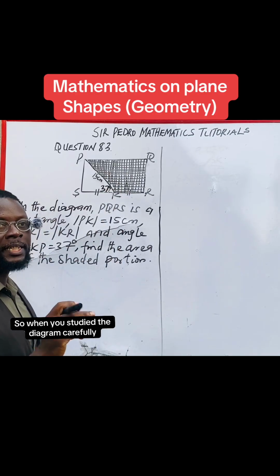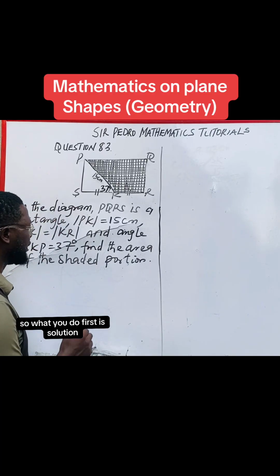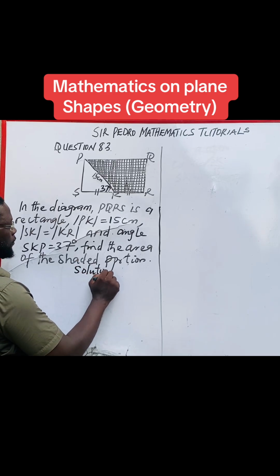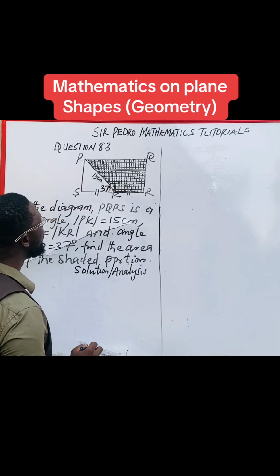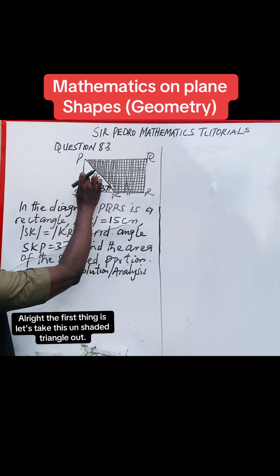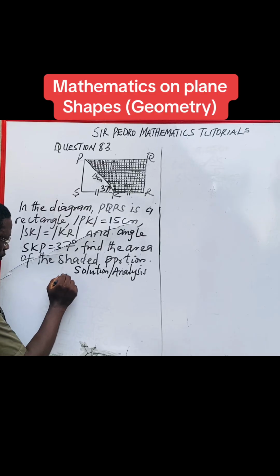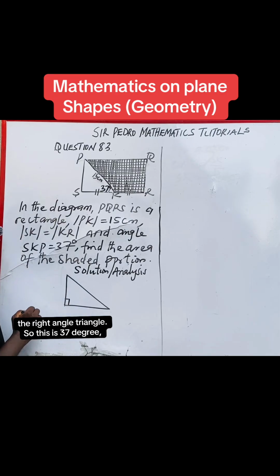When you study the diagram carefully, what you do first is solution and analysis. The first thing is let's take this unshaded triangle out. Let's assume this is the right angle triangle.